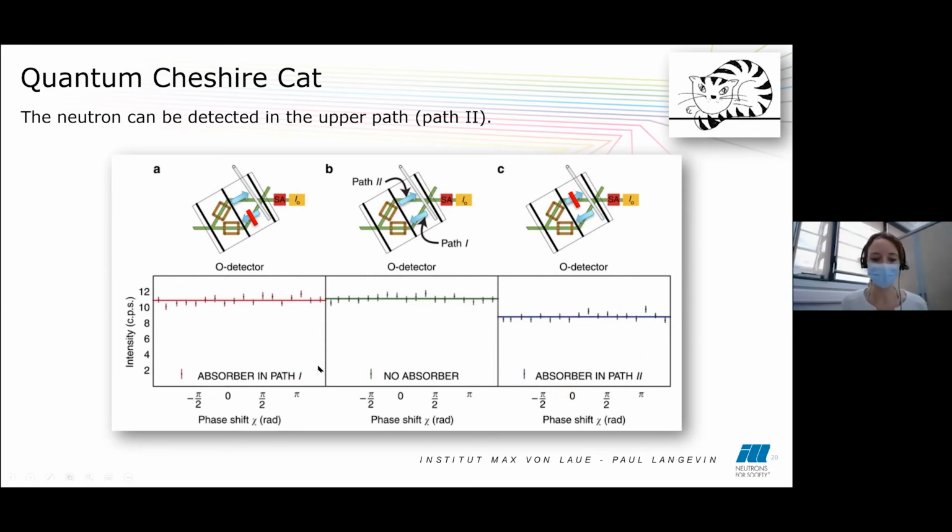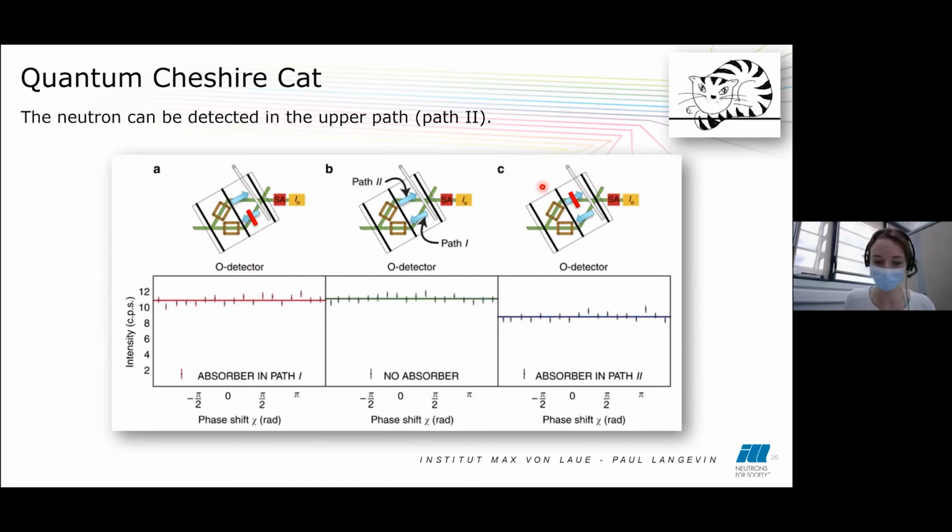To find out which path is detected, either the lower one or the upper one, an absorber is then inserted either into the lower beam or in the upper beam, as shown here, and the detected intensity is compared to the measurement without the absorber, which is shown in the middle. And please note that we're only looking at the O detector for now, which has the spin analyzer in front of it. So inserting the absorber into the lower path changes nothing about the intensity, which suggests that neutrons from the upper path are detected.